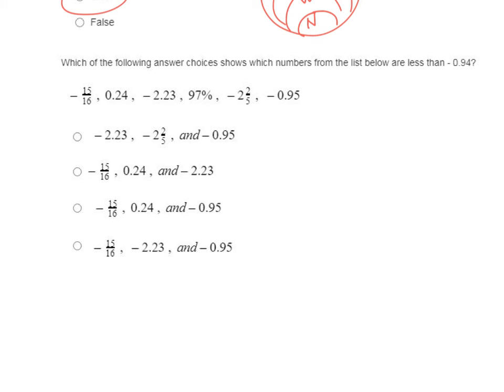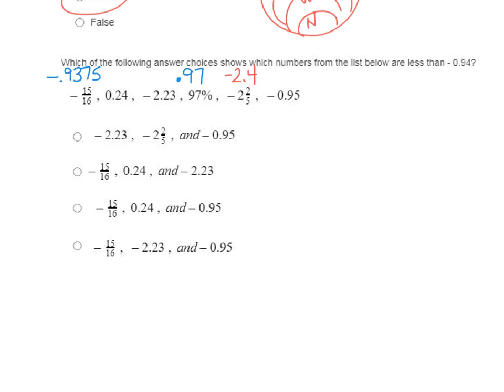Well, -15 divided by 16 will come out to -0.9375. Then I've got 97%, that's going to be 0.97. And now I have -2 2/5, that's going to be -2.4. Okay, so they're all converted.